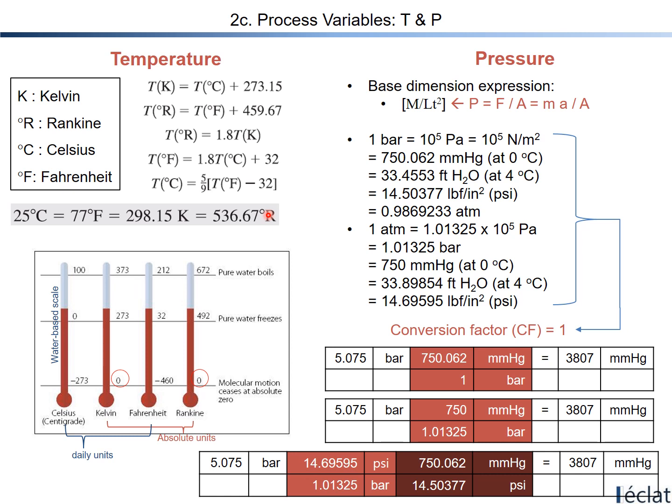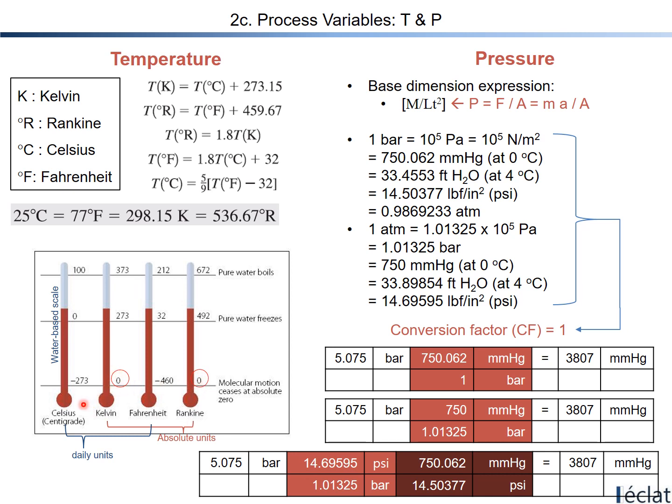Celsius and Fahrenheit could be considered as the daily units, so we are using them in our daily lives. However, Kelvin and Rankine can be classified as the absolute units because they start from the absolute zero temperature.